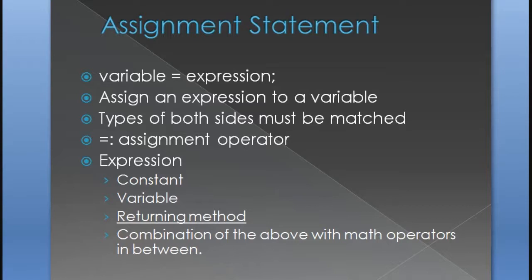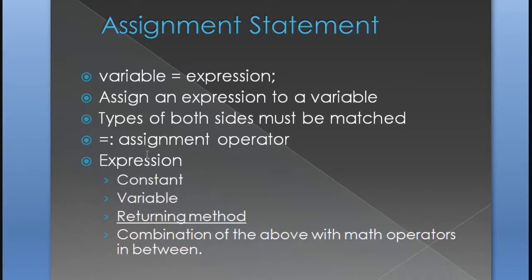We talked about variables last time, and the variable is equal to a number, 20, 30. What I didn't explain is what an assignment statement is. I had that in a slide, but I didn't explain it in great detail. So a variable is equal to an expression. This will assign an expression to a variable.